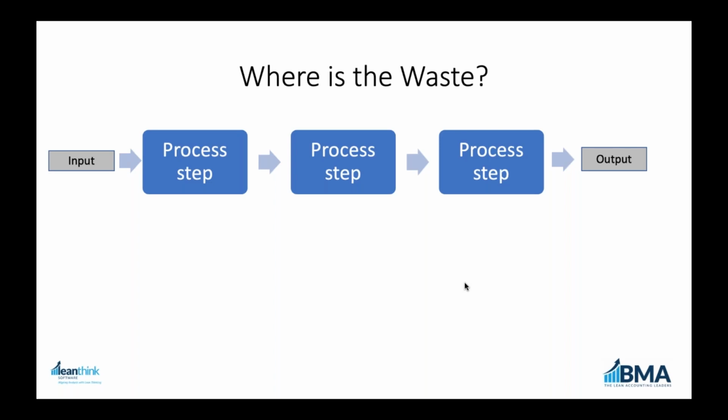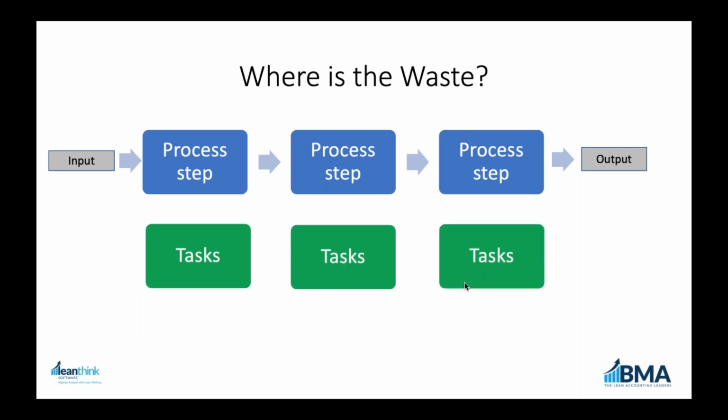So there can be waste there. And then there's also the tasks which make up the process step. These are the specific activities that have to be done to complete the process. And there's lots of these in accounting. Just simply entering an invoice in accounts payable is not necessarily just a one-step process. There might be 5 or 6 activities which go on, some of which relate to the software that you're using.